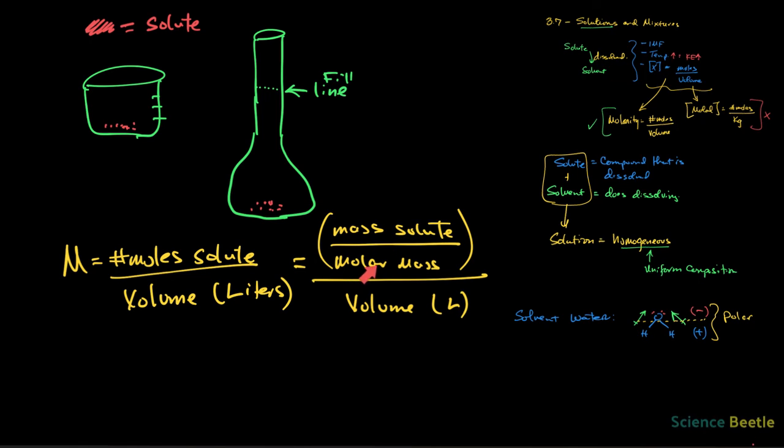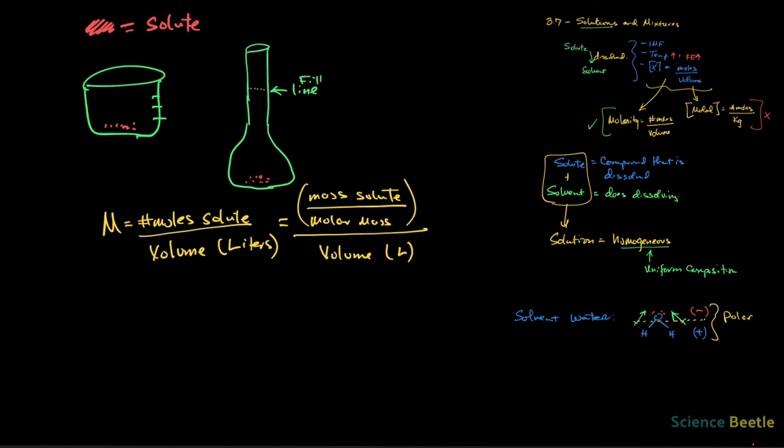In the denominator, you would have to figure out the molar mass if it's not provided. This will give you the number of moles at the very top. And then if the volume is provided, simply provide it here. But normally the volume will be provided for you. The mass will be provided. You might need to figure out the molar mass, and then that will give you an opportunity to figure out the concentration.